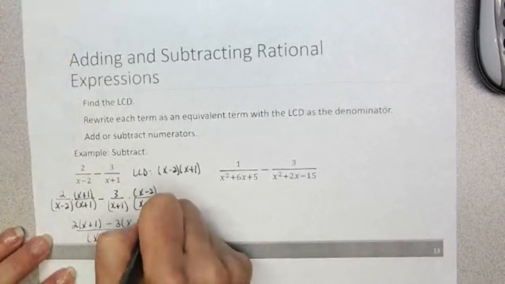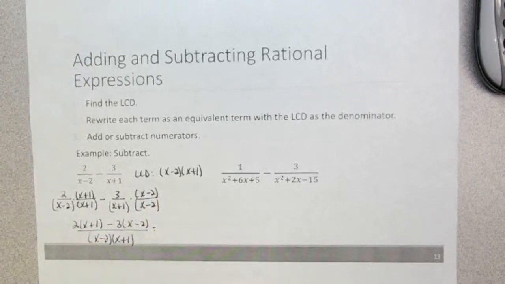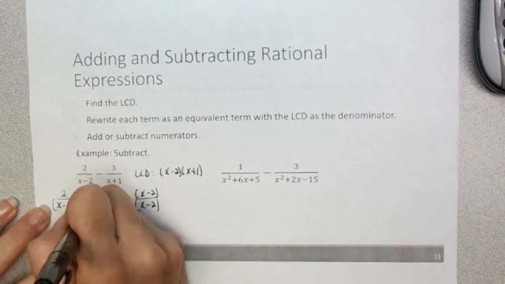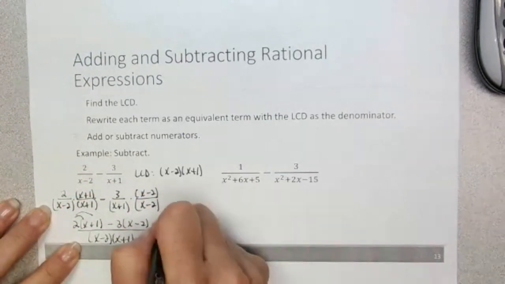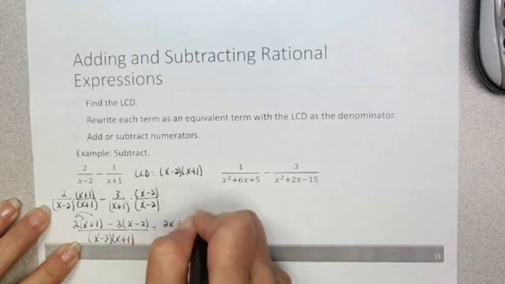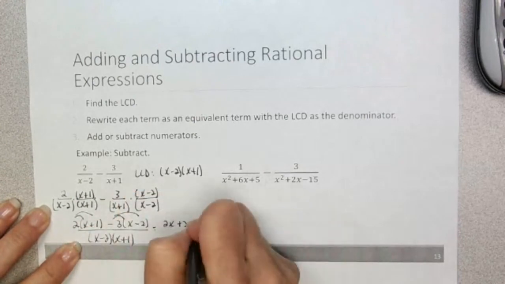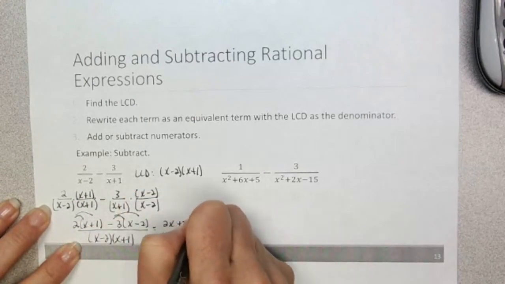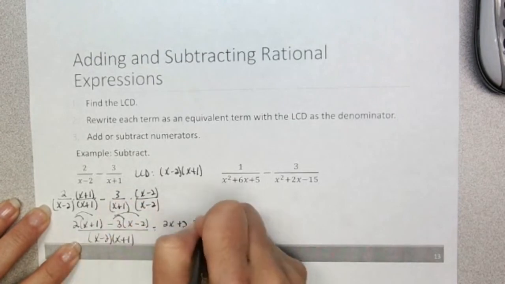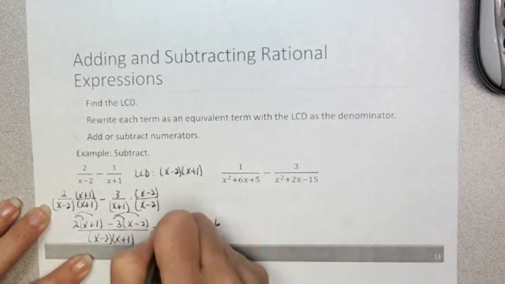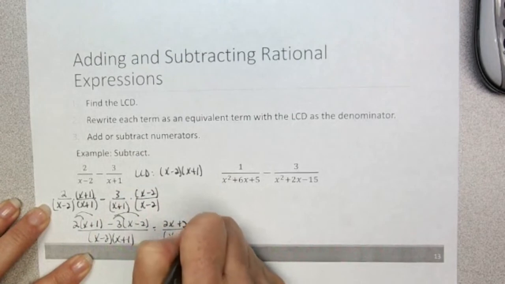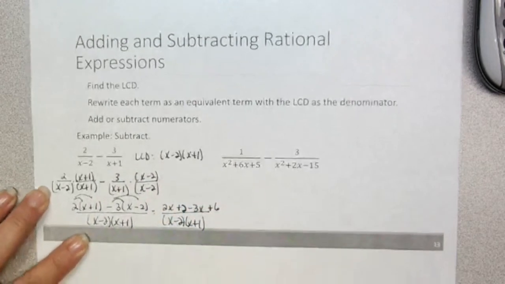And I might simplify that a little bit. That numerator, I kind of want that to be a little bit prettier. So I'll distribute that 2, and I'll have 2x plus 2. Let me distribute that negative 3. So 2x plus 2 minus 3x, and negative 3 times negative 2 is positive 6, over the x minus 2 times x plus 1.